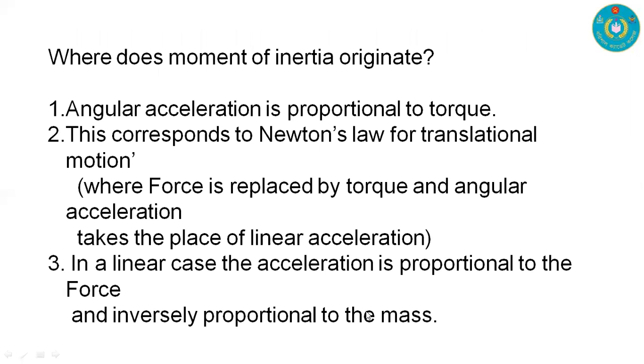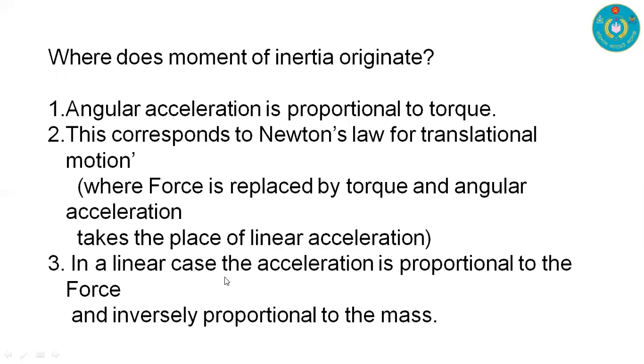Where does moment of inertia originate? Number one, angular acceleration is proportional to torque. Number two, this corresponds to Newton's laws for translational motion, where force is replaced by torque, and angular acceleration takes the place of linear acceleration.